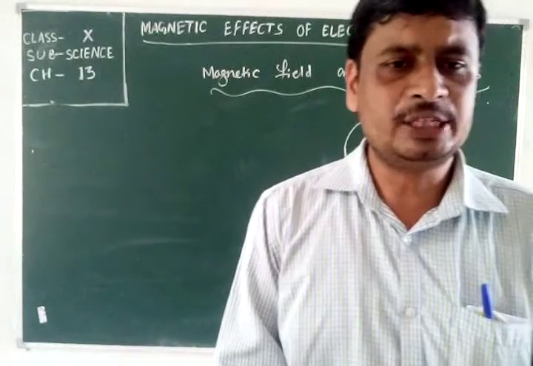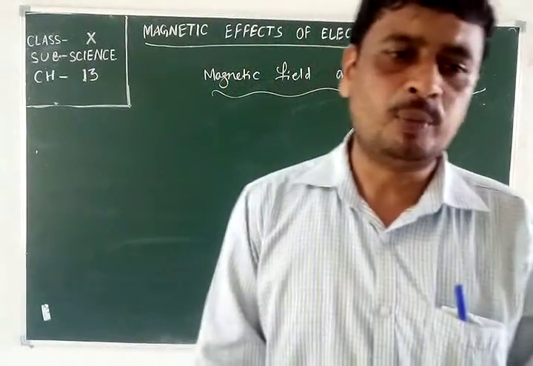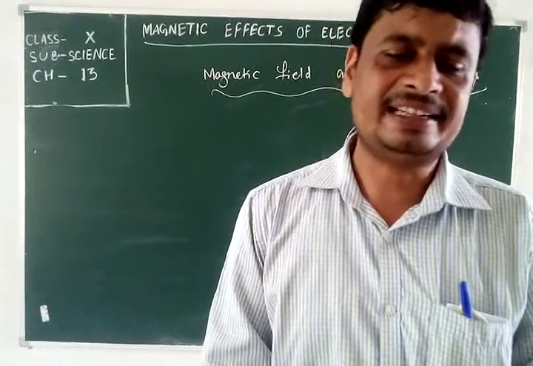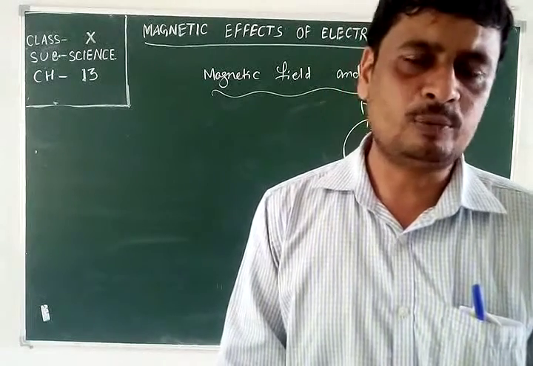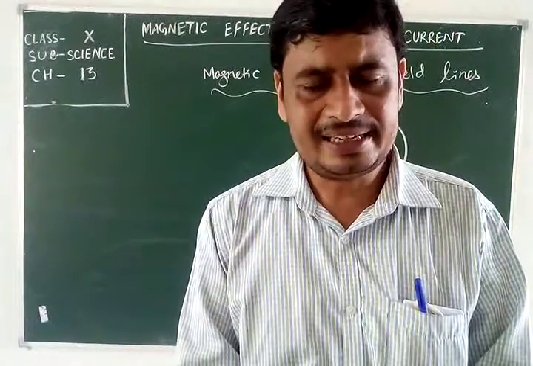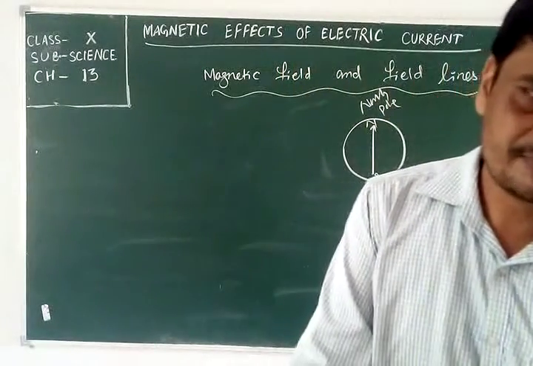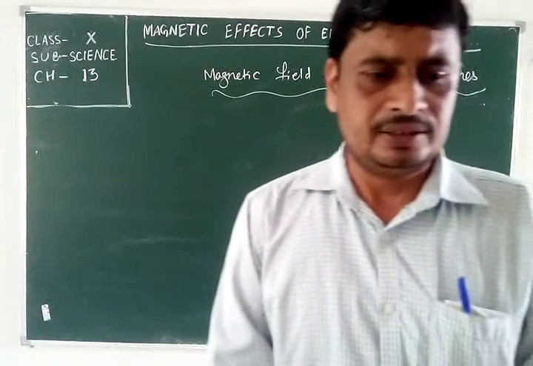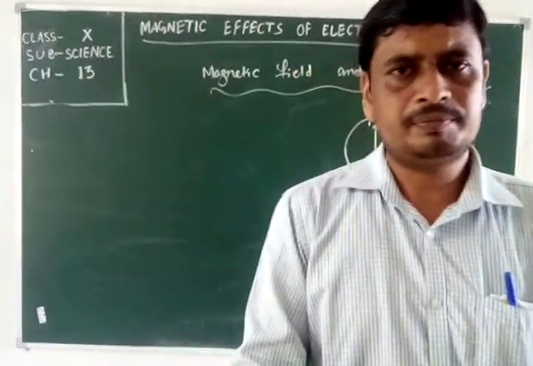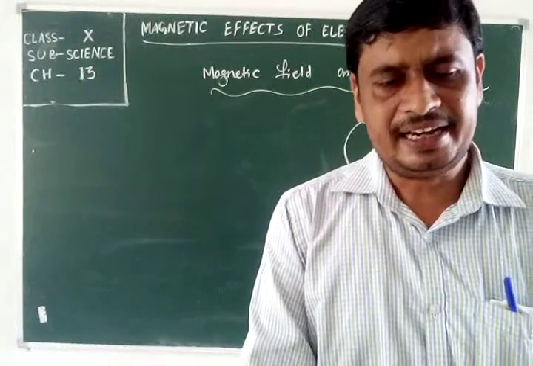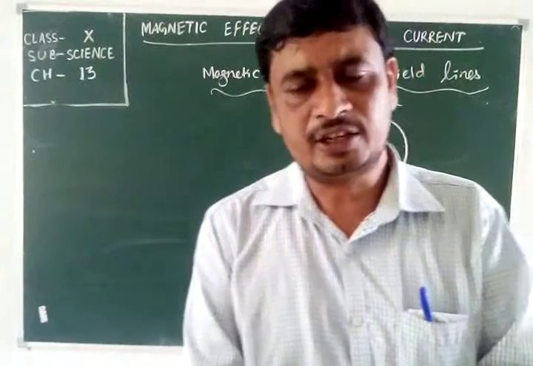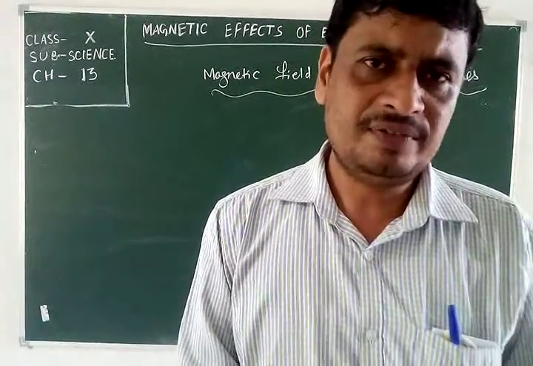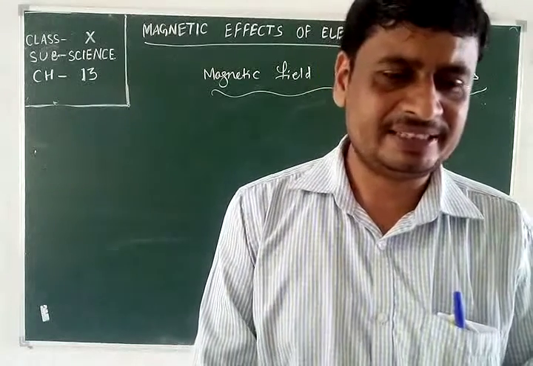Through the various activities we have observed that like poles repel, while unlike poles of magnets attract each other. If like poles come towards each other, they will repel. But when unlike poles are brought near each other, they will attract. When we bring a magnet near the iron filings, the iron filings will be attracted by this magnet.